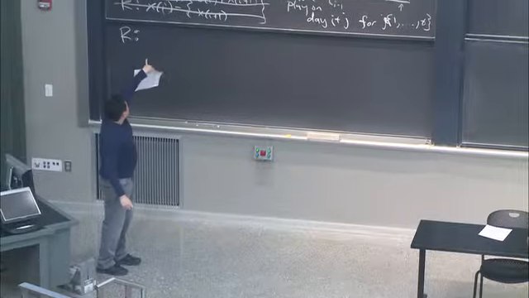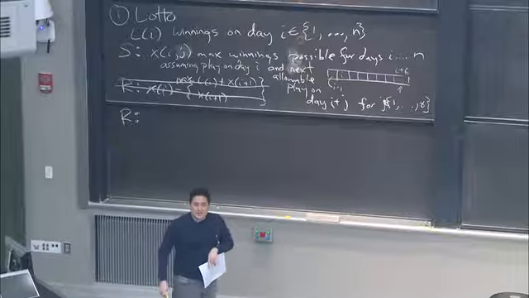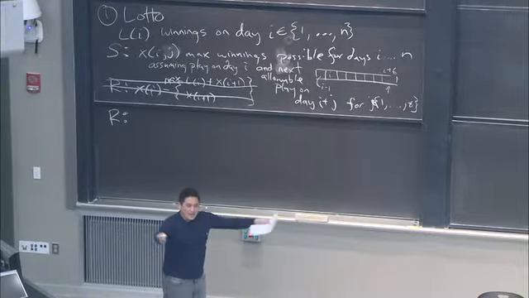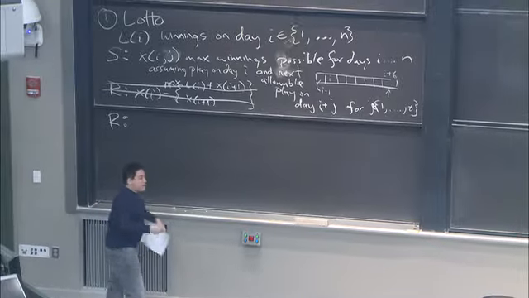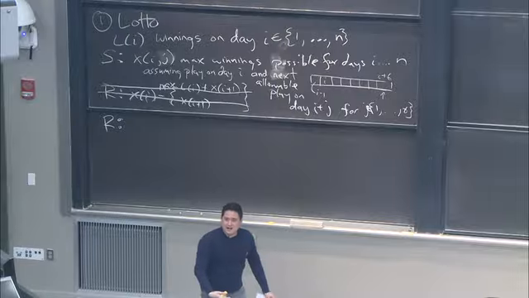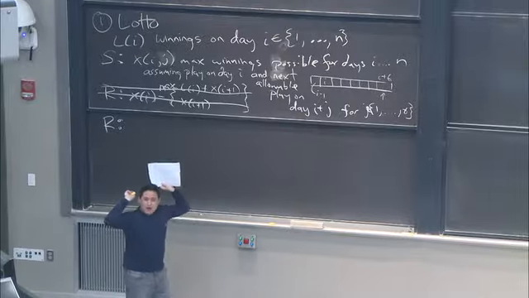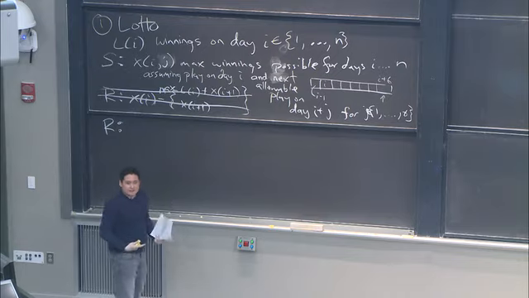Now I'm assuming I play on day i. That actually simplifies things a little bit because no matter what, I get the winnings on day i. Okay? Now, when I call this subproblem, I better make sure that it's okay that I played on day i, but that's for my caller, right? I'm locally allowed to play on day i. I'm playing on day i, right? That's the definition of my subproblem.